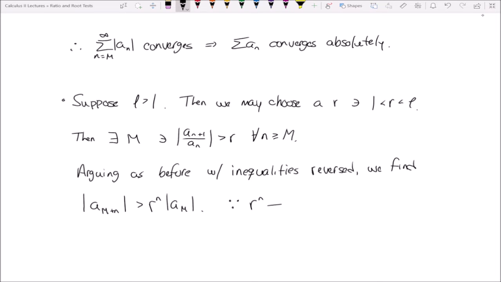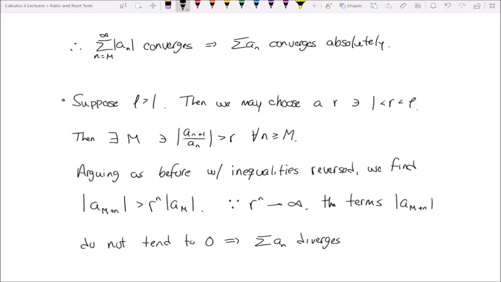But r to the n is going to infinity. This means that the terms, the absolute value of a sub m plus n, do not tend to 0, which means that the series a sub n diverges.